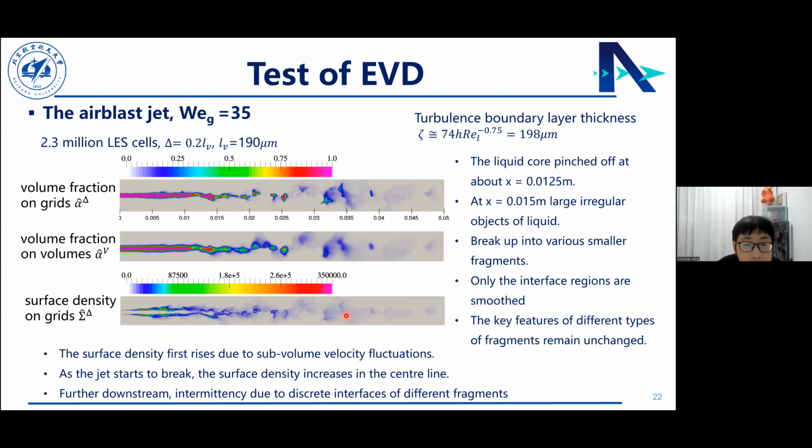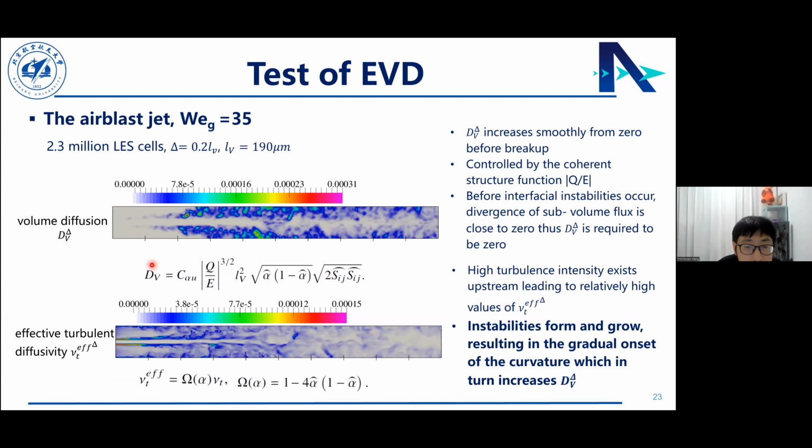This is dominated by the interface coherent structure term. Before the interface instability occurs, the divergence of the subvolume flux is close to zero. As we mentioned before, this volume diffusion is required to be zero, and this is satisfied.